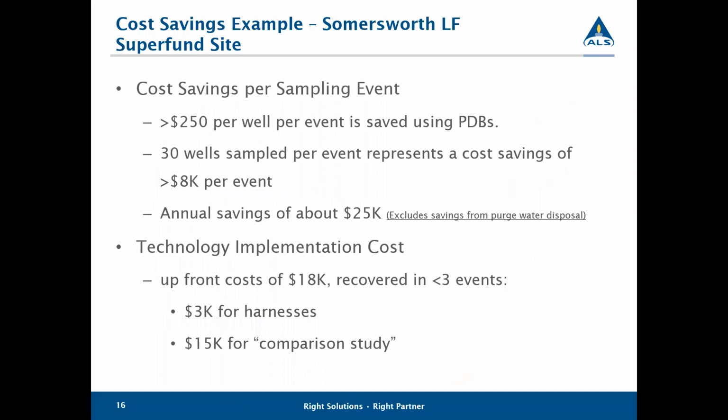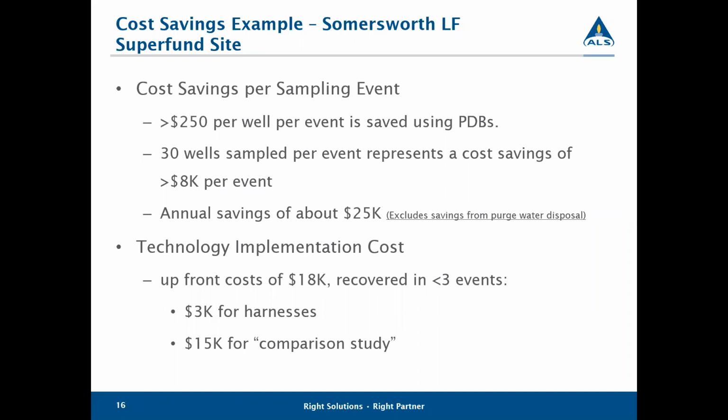This is just a little demonstration of a cost savings analysis that we were looking at for a Superfund site versus using conventional sampling techniques. We were able to determine time savings, cost savings, lowered expenses.